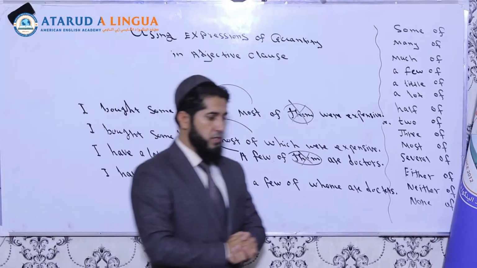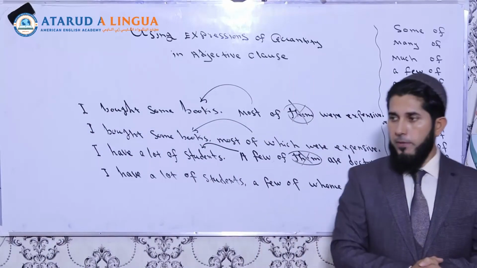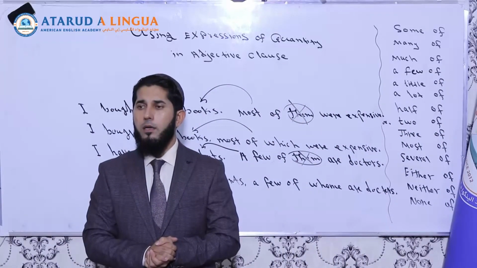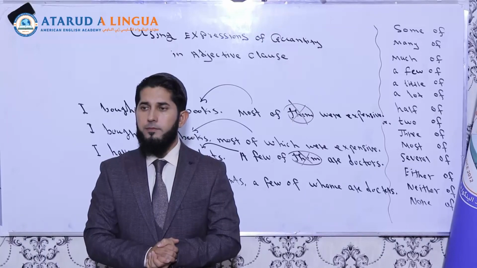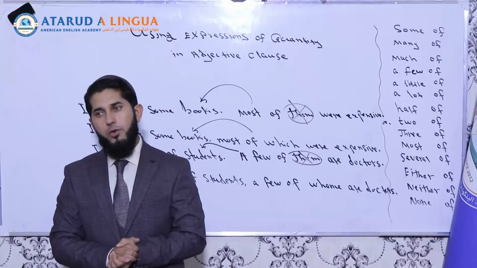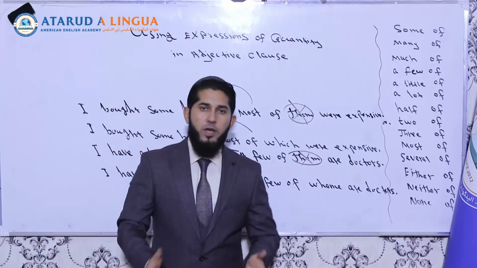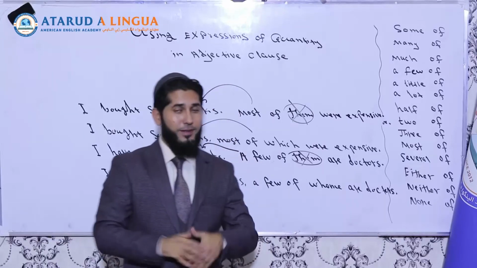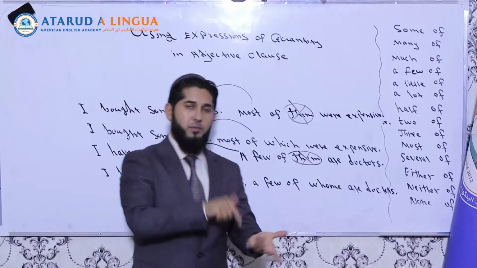Yeah, half of whom are senior, some of whom are senior. Great. He has a lot of pens, 2 of which are blue. Thank you so much. We're done with this part. Have a great time, and we're gonna go to the next part.